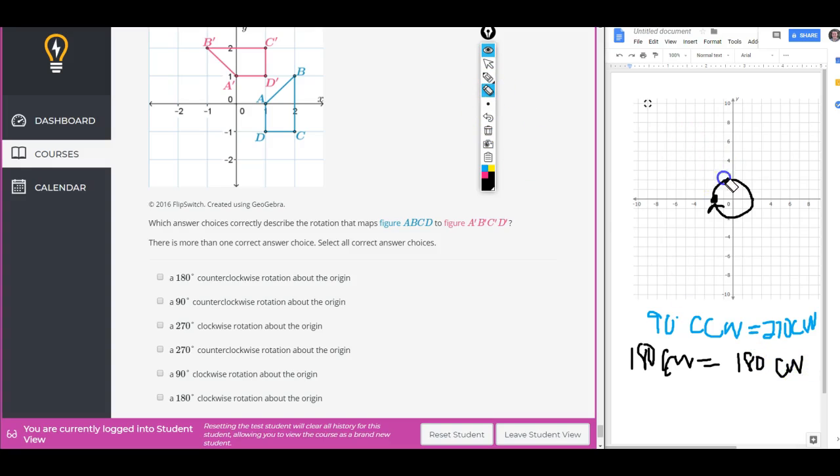And then again, if we did a 270 degree rotation right here, that only leaves 90 degrees for us to go in the clockwise direction to end up at the same point.